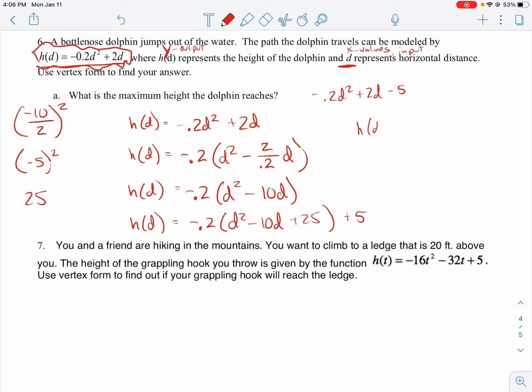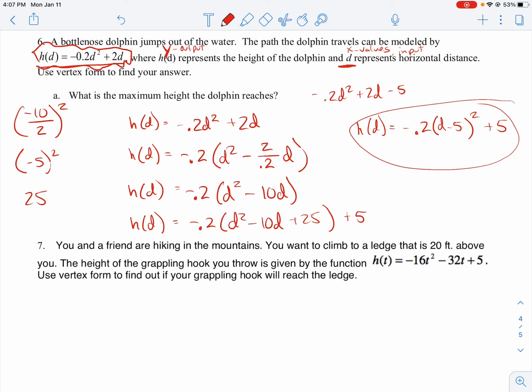Okay, and then so finally, h of d is equal to negative 0.2 times d minus 5 squared plus 5. Question asked, what is the maximum height? Okay, so it's asking for the maximum y value or output that we would get.